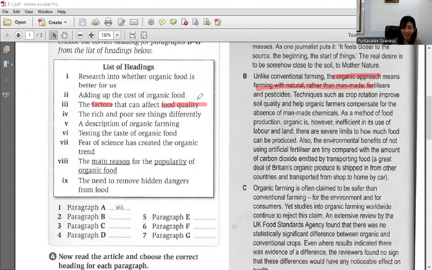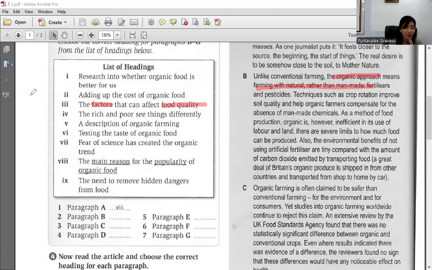So once again, you can match part of the topic sentence to the choice. Factors is the number of reasons, and health value matches food qualities. So it's almost synonyms for these two. So this is for paragraph D.